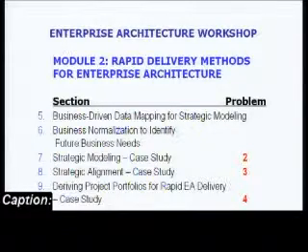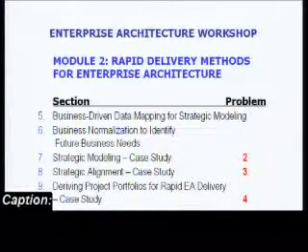Section 9 introduces a rapid delivery method to derive from the strategic model developed in case study problem 2 project plans for rapid delivery of the strategic model as databases in the enterprise.